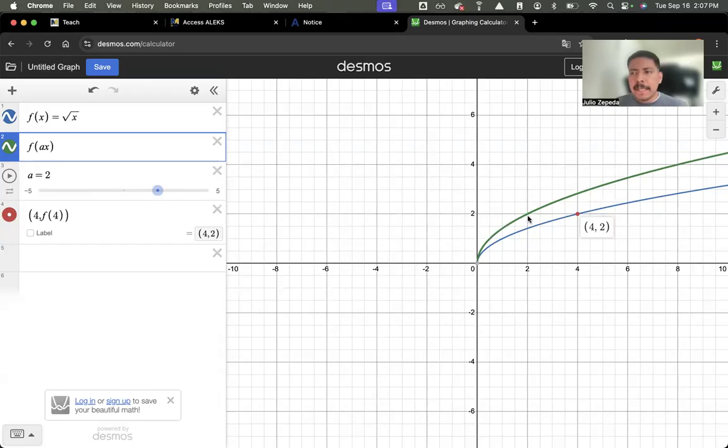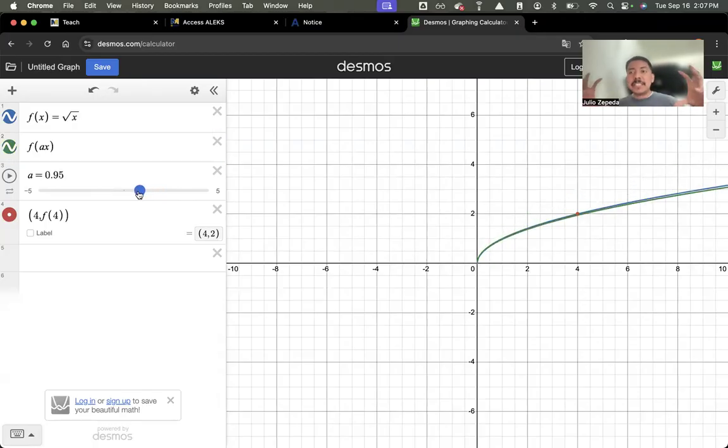All right, let's take a look. What if A is between 0 and 1? That's going to stretch this horizontally. It looks like it's going down, but you can imagine the values being pulled away from the y-axis and it being stretched horizontally.